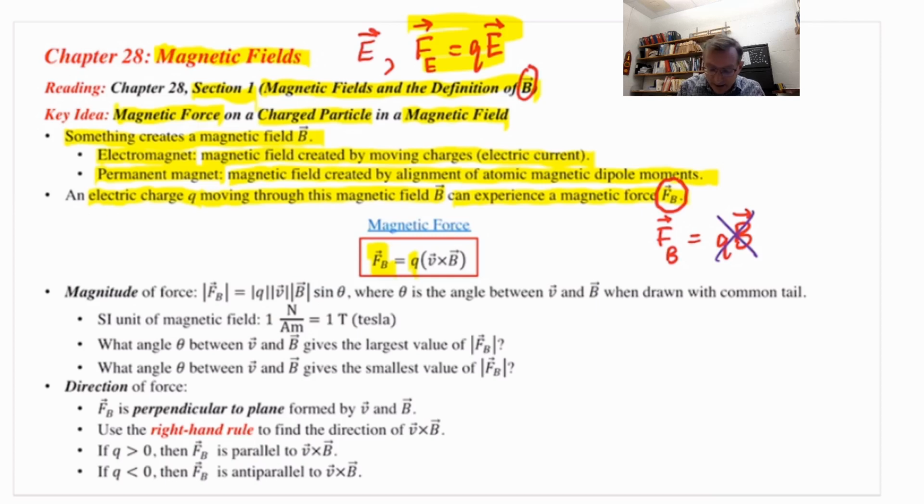Remember that from last semester? Velocity cross magnetic field, V cross B. That is the succinct mathematical formula that it turns out will be in agreement with all of the behavior we just saw in the animation. Q times V cross B. I'll say again, Q times V cross B.